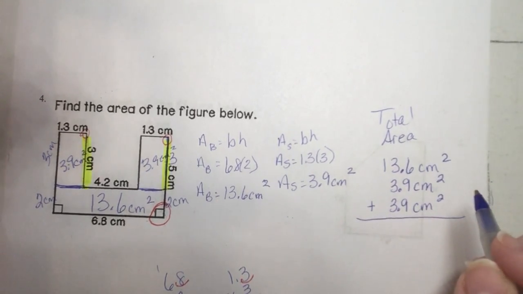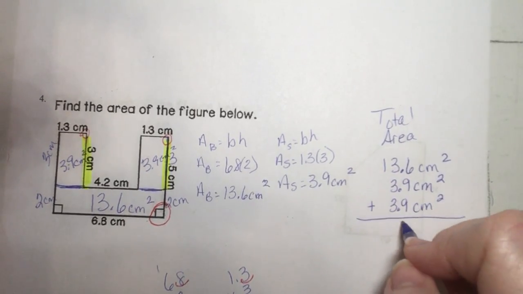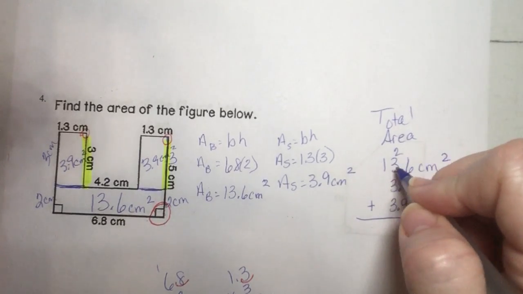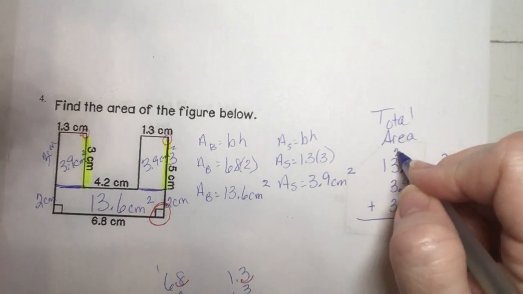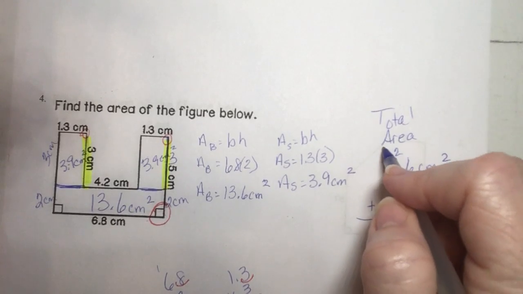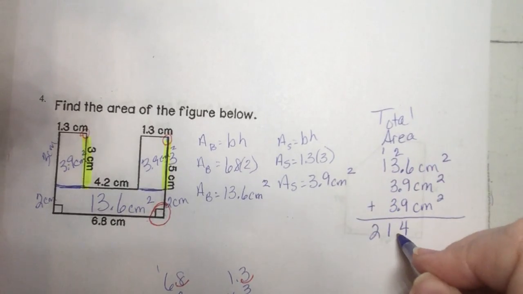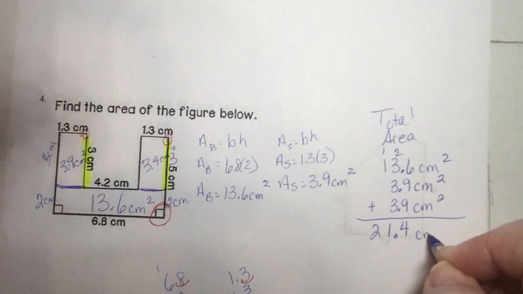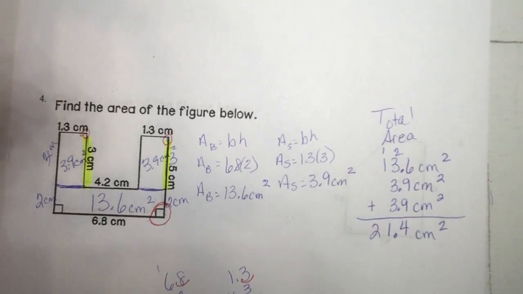So it's 18, 19, 20, 21, 22, 23, 24, 3, 6, 9, 10, 11. Bring down my decimal. So 21 4/10 centimeters squared.